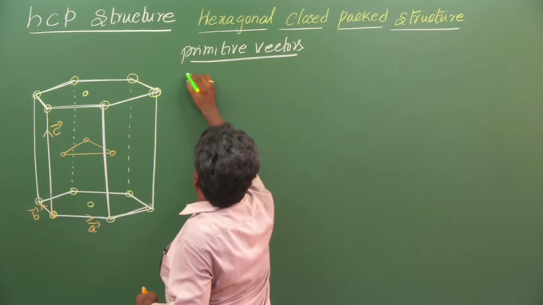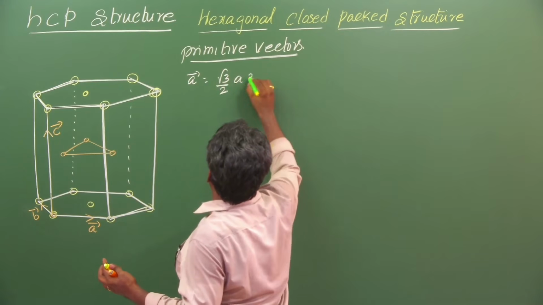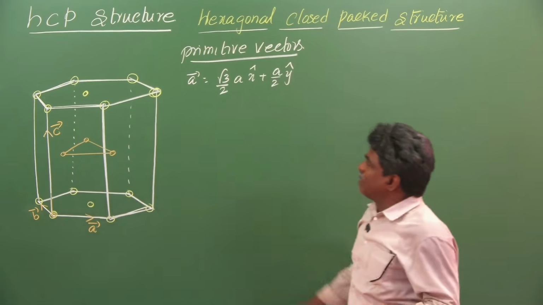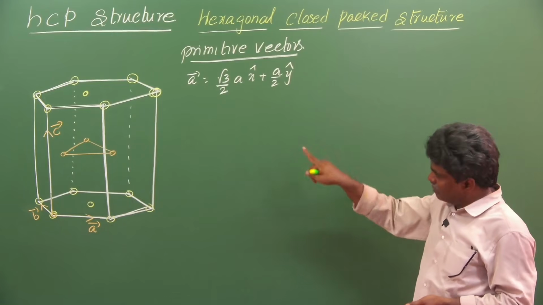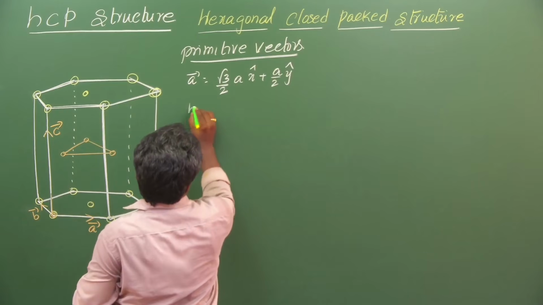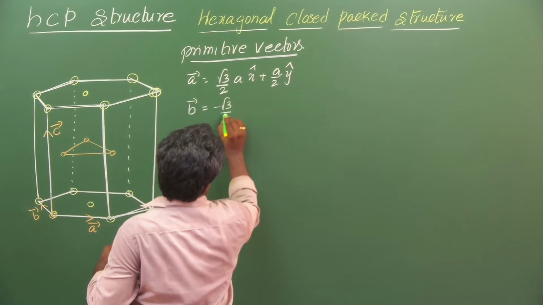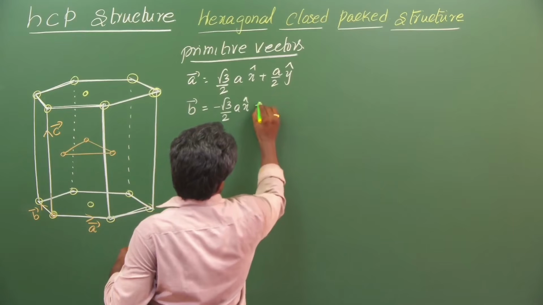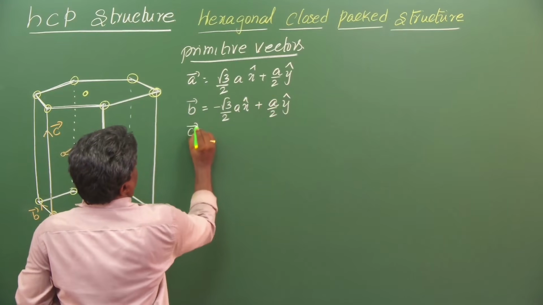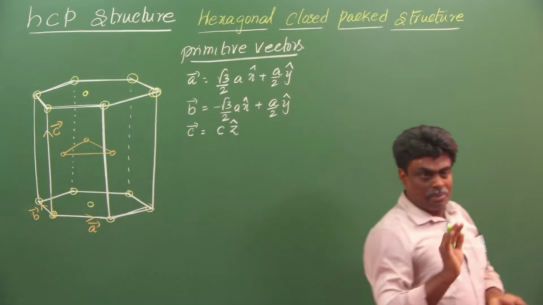A bar equals root 3 by 2 A x cap plus A by 2 y cap. Please remember, B bar equals minus root 3 by 2 A x cap plus A by 2 y cap. Next, C bar equals simply C z cap. These are the primitive vectors.